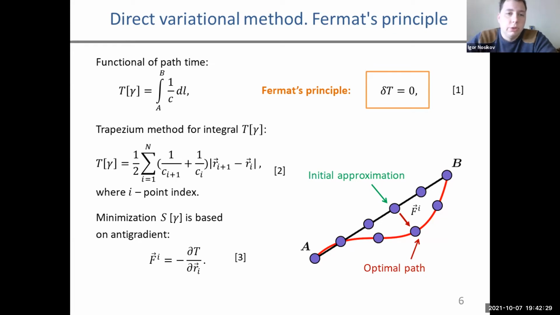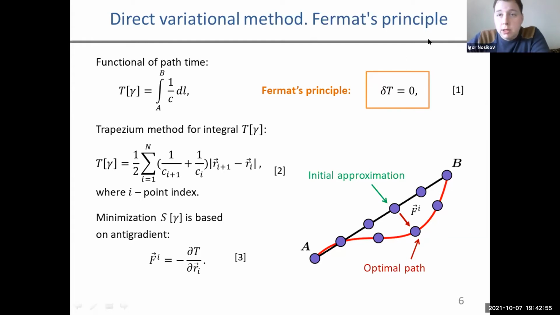You can see the expression of the functional of the travel time T. Then we write the Fermat principle as the principle of stationarity of travel time, and then the problem is reduced to finding all stationary points of this functional.